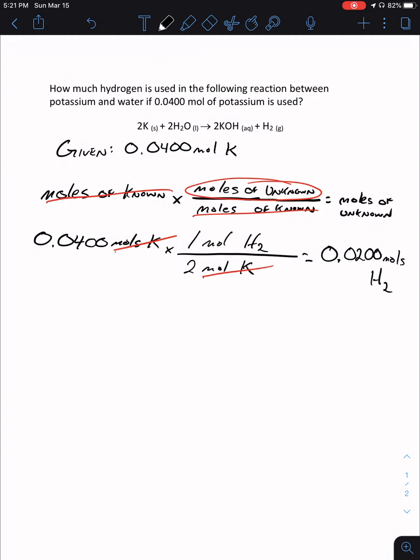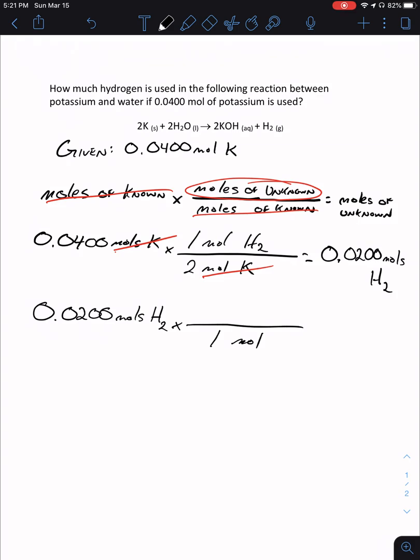If we wanted to go a step further and figure out how many grams of hydrogen gas were produced, then we would just set it up like this. We would convert the moles to grams. So 0.0200 moles of H2. 1 mole of H2 equals the molar mass of H2.